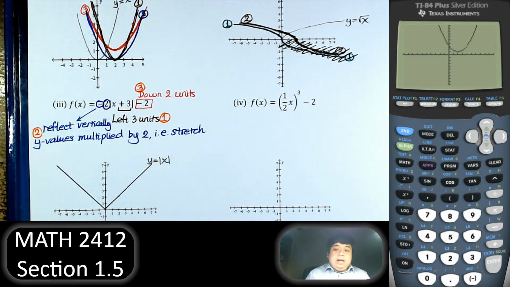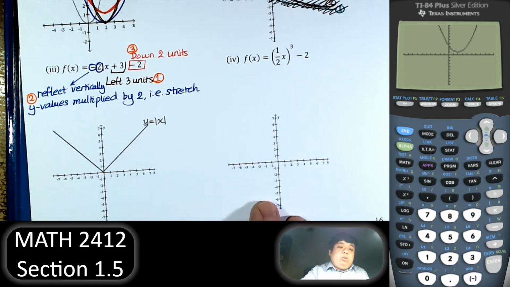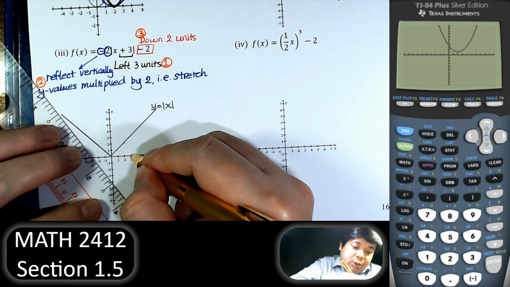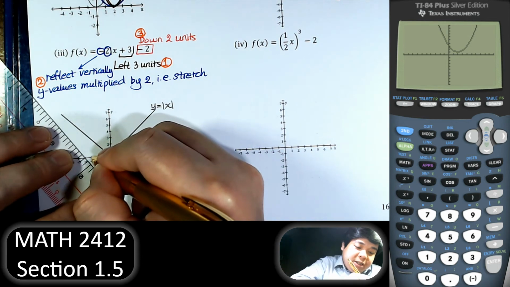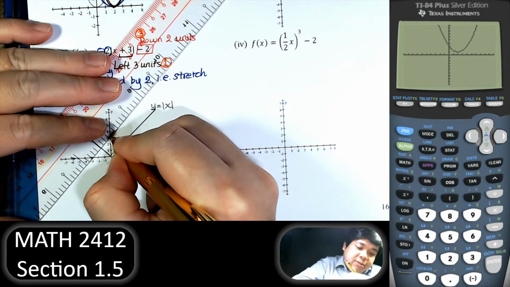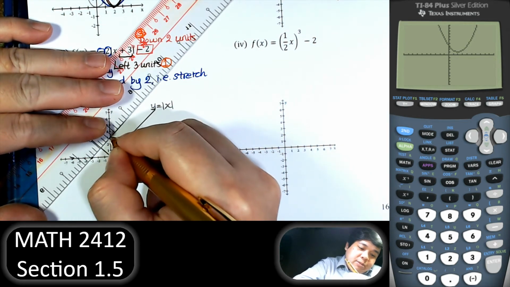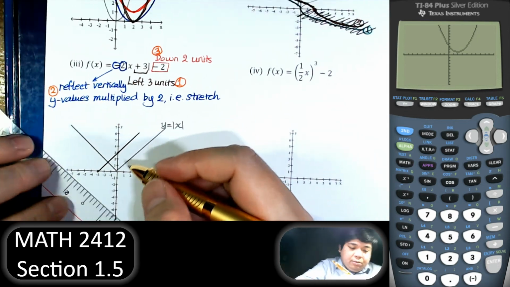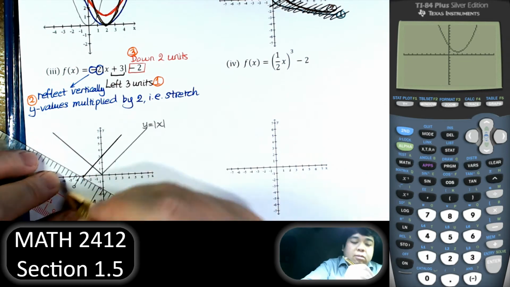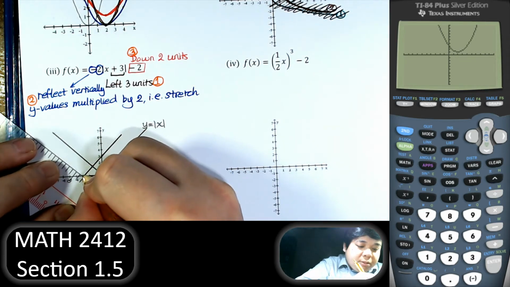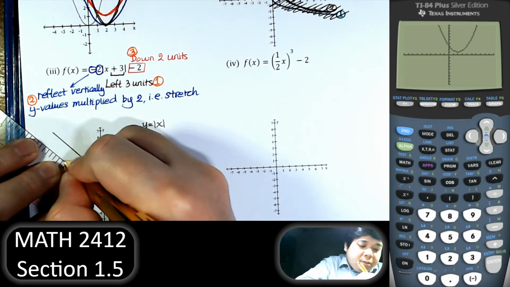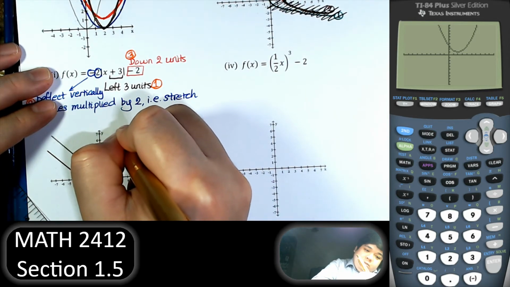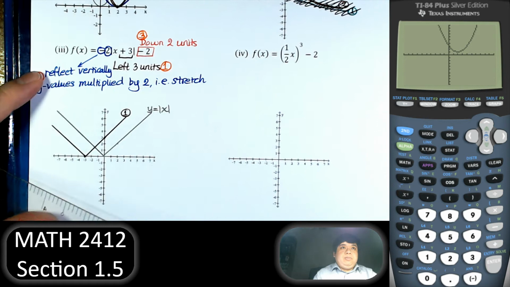Right, so be careful on this one. Move 3 units to the left. So that is 3 units to the left. So that's the first part of the transformation.